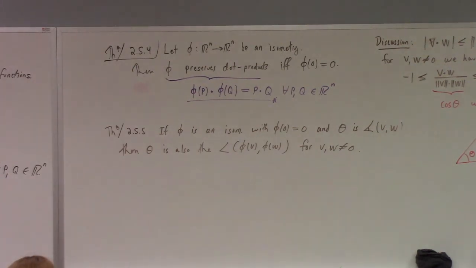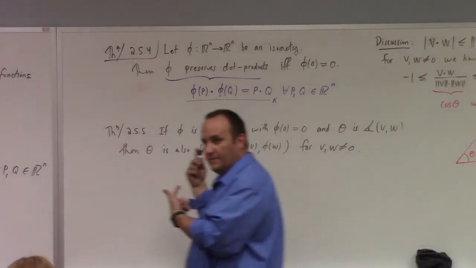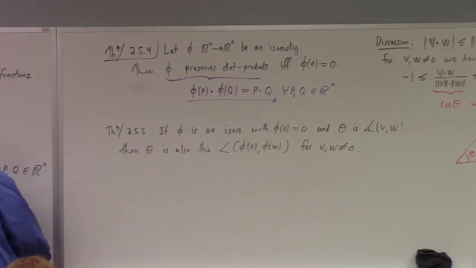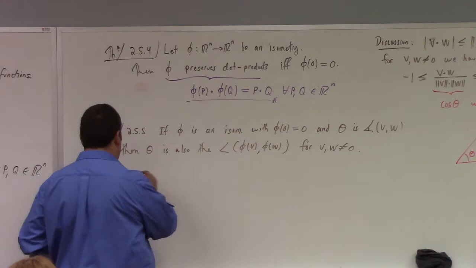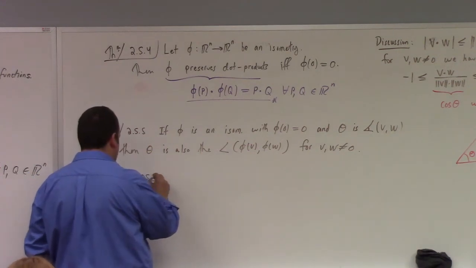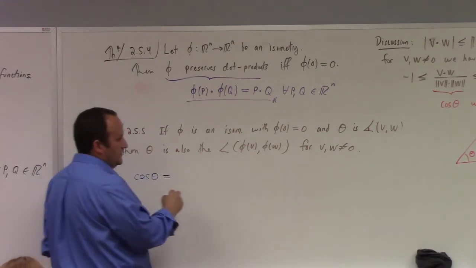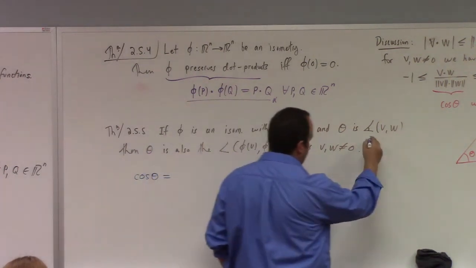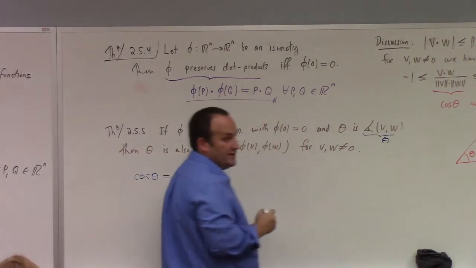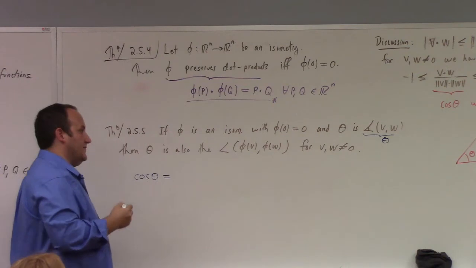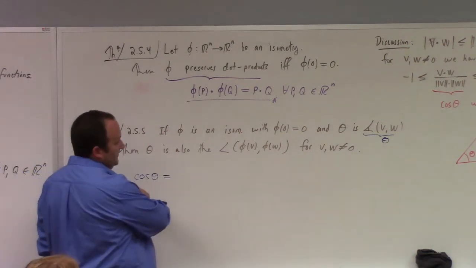And the proof of that is pretty simple, given theorem 2.54. See, because we can look at cosine of theta, right? By definition, if theta is the angle between v and w, then cosine theta is what?